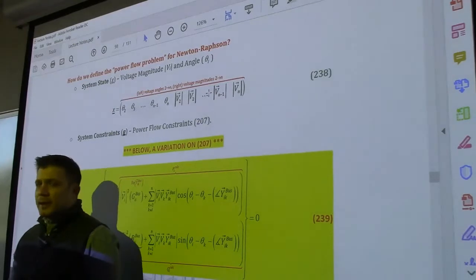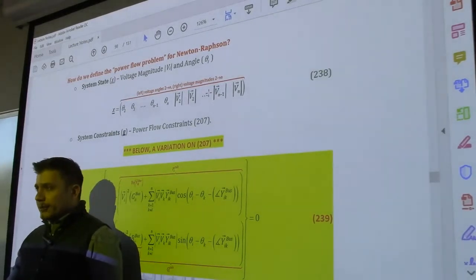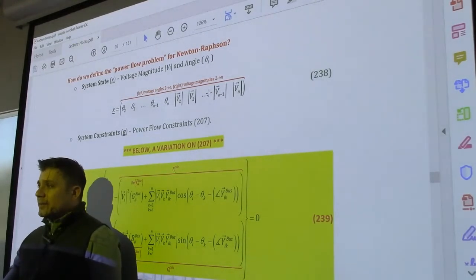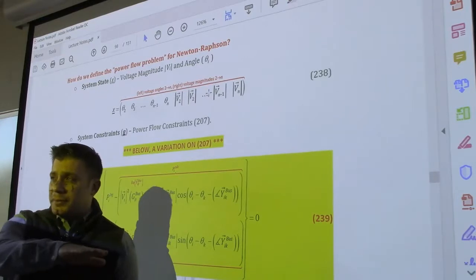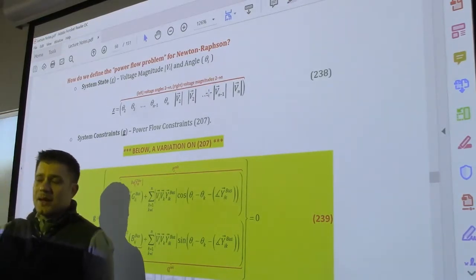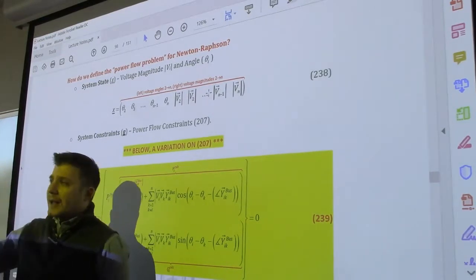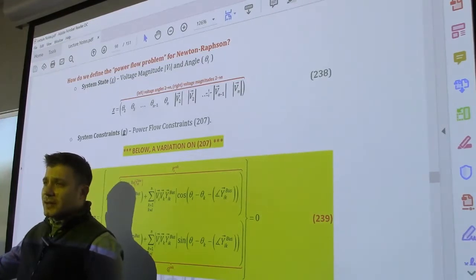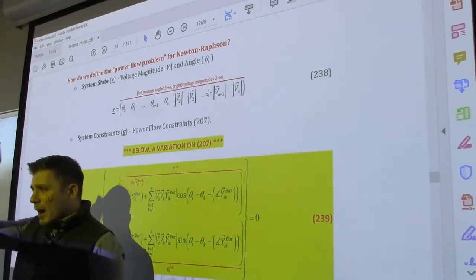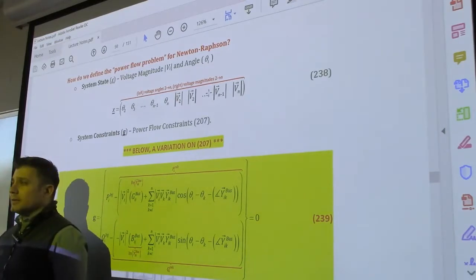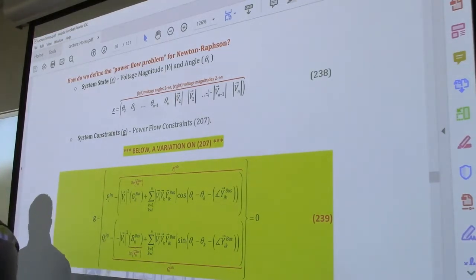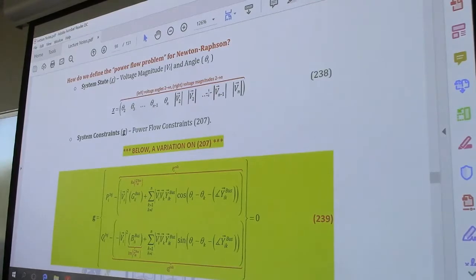In Newton-Raphson, it's going to be very separate. For example, for the PV buses, let's say bus 2 is a PV bus. We know what the voltage magnitude is, so it's very easy to just cross that out of the setup. We're going to knock out the row that corresponds to V2, and the row that corresponds to Q2. And that'll be eliminated.